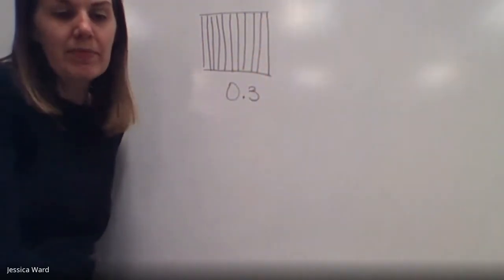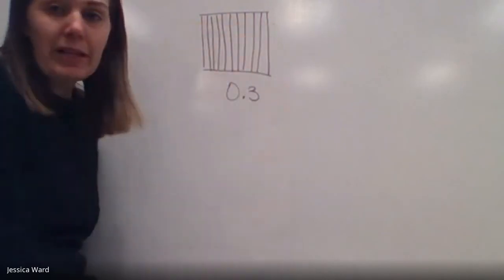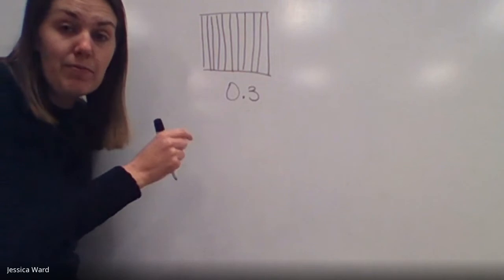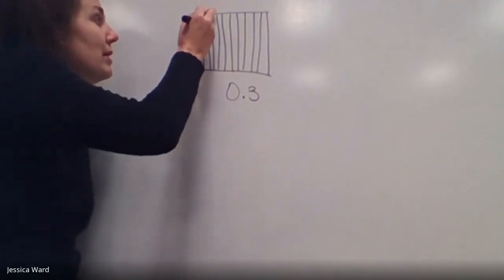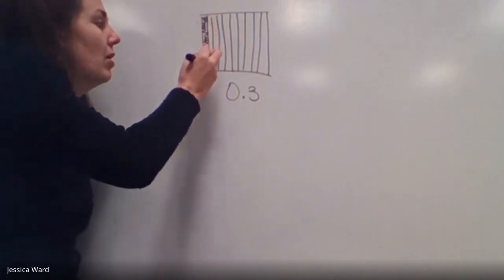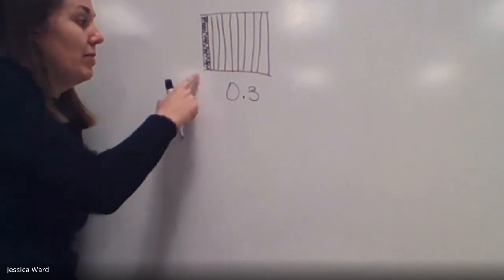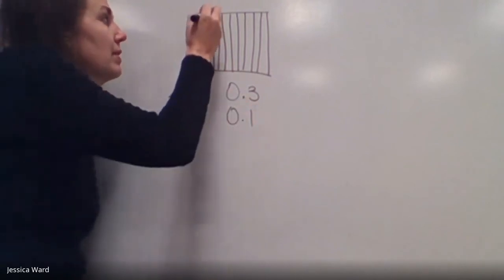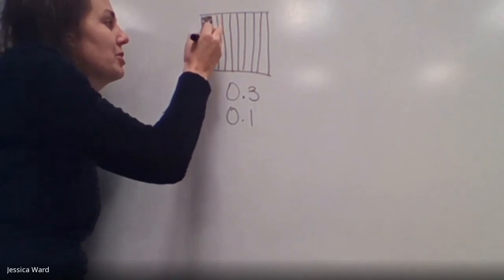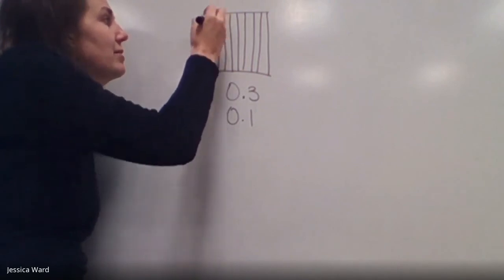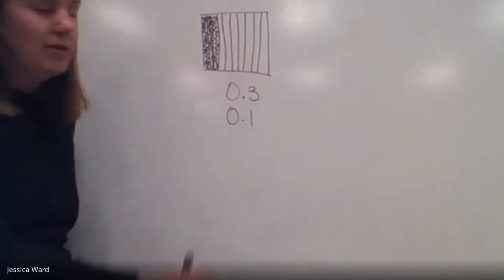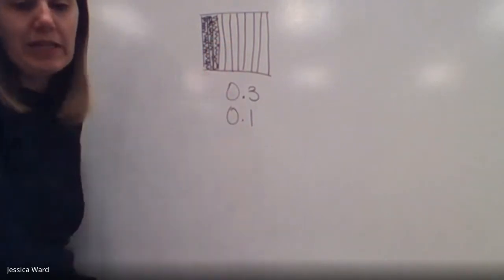And they have it gridded further, but really we're saying we have 3/10. So I'm going to have 3/10 of my 1, which is like saying I have 1 column, like if I had 1/10, but now I need 3 of them. So I'm going to shade in 1/10, 2/10 and 3/10. Okay, so I've shaded in 3 to show 3/10.